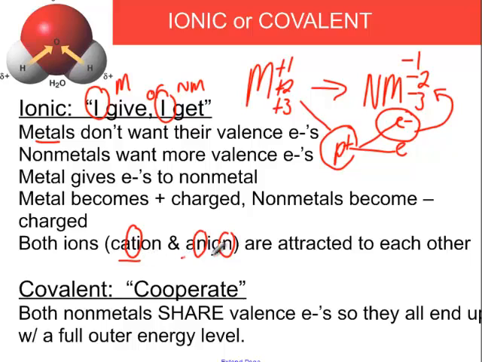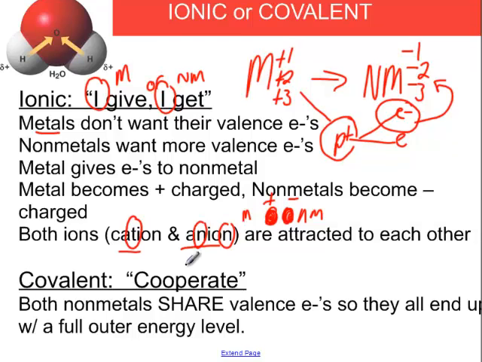So the cation is attracted to the anion, and that's actually a very, very strong attraction, and that keeps them together. Now just think of the electron cloud here attracted to an electron cloud here. Here's your metal, here's your nonmetal, and the electron clouds are attracted because one's positive, one's negative, just like two magnets would get stuck together if you brought them near each other and they were oppositely charged.